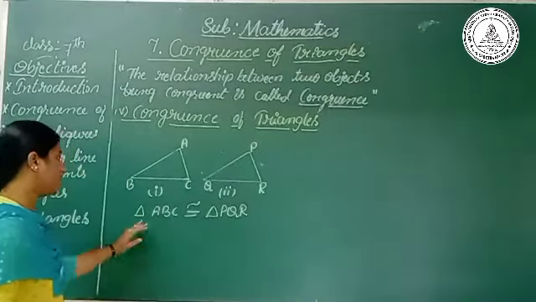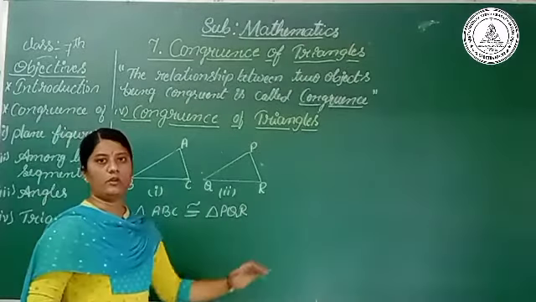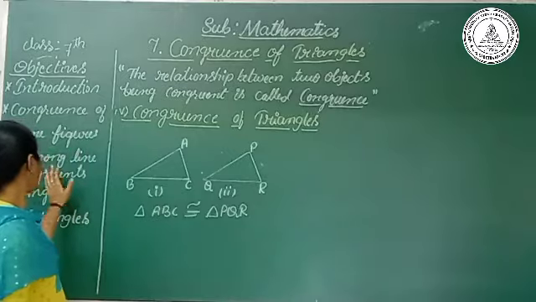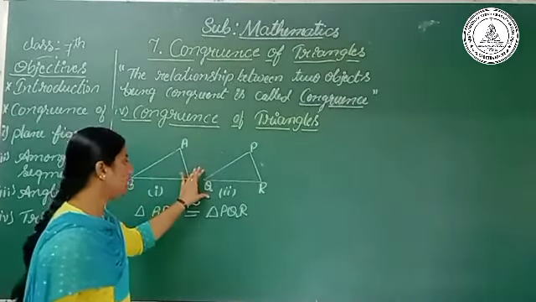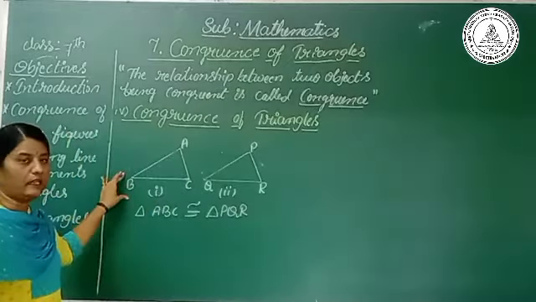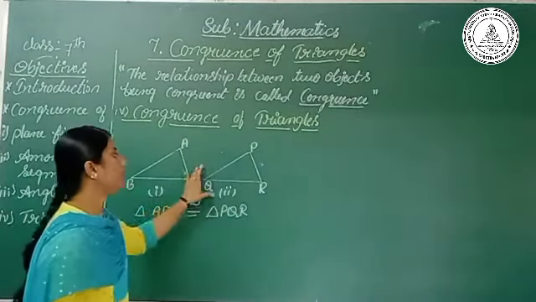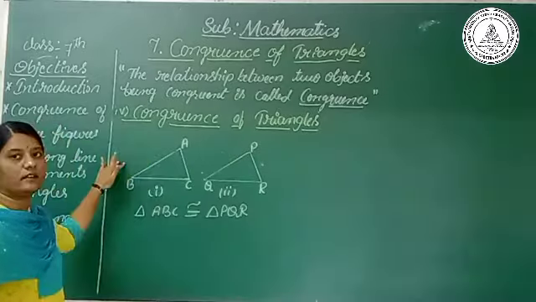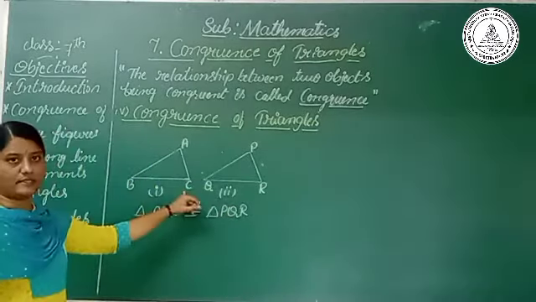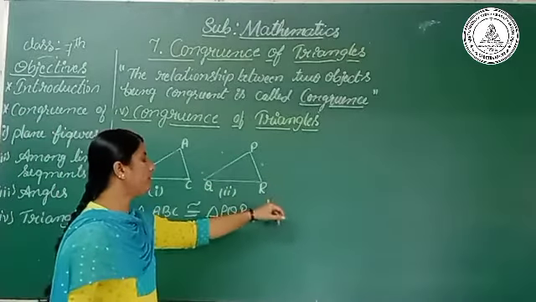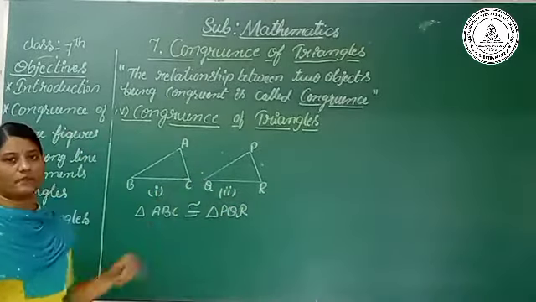In the previous congruence of angles, we superposed angle Q on angle B, and QP falls on AB and QR falls on the side BC. At the same time, PR falls on the side AC.